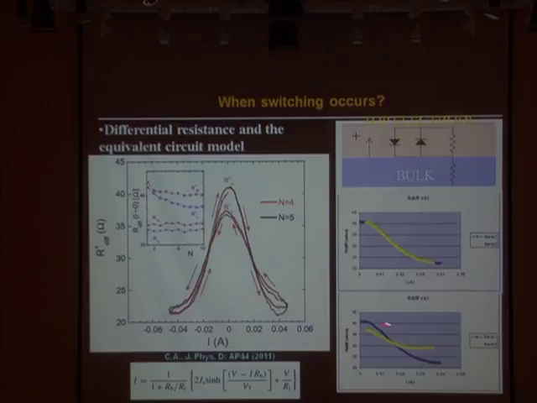But we managed to fit this whole branch again using constant parameters. So this is telling us, I think, that we can observe the very moment of the switching in the sample, and it occurs just in this region, okay? Because all the other parts can be obtained in a simple model with constant parameters.